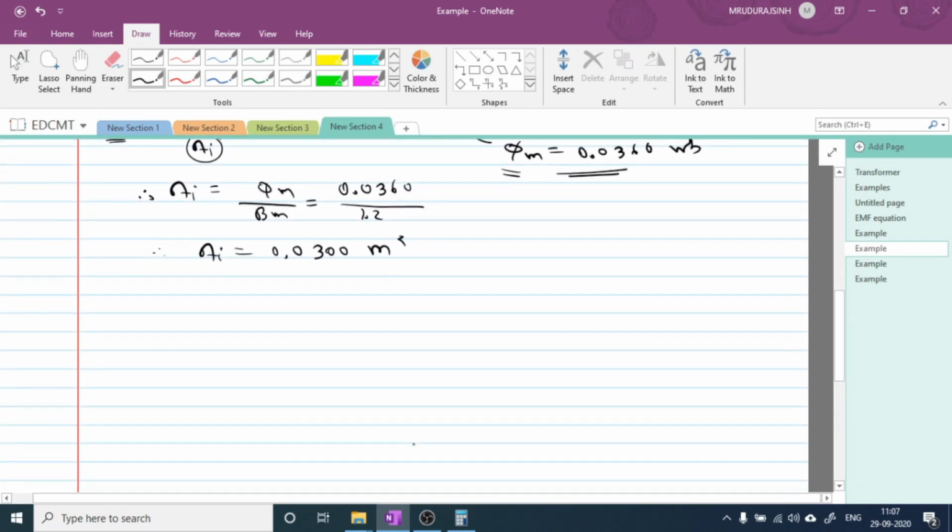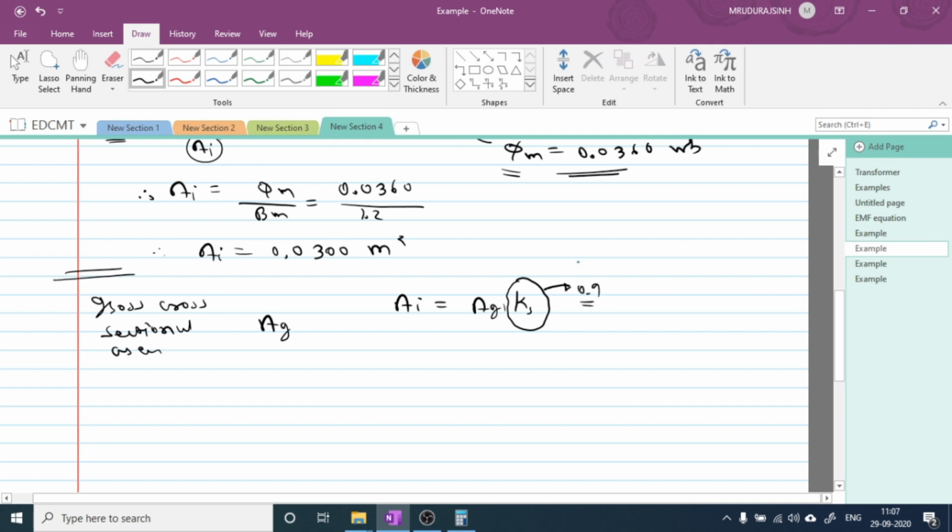Now if we want to find the gross cross sectional area, that is known as Ag, right? So one of the equations is net cross sectional area is equal to gross cross sectional area multiplied by stack factor, and the stack factor we will know as Ks. Generally we assume this value near about 0.9.